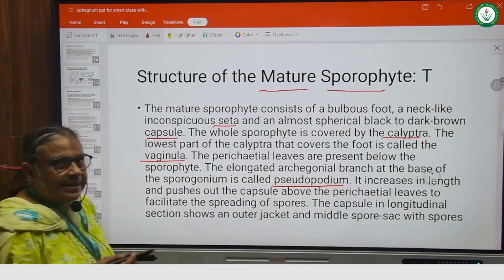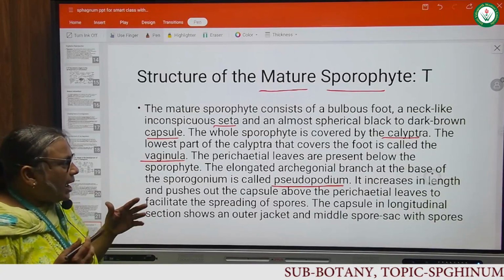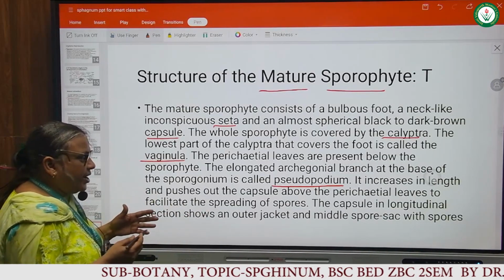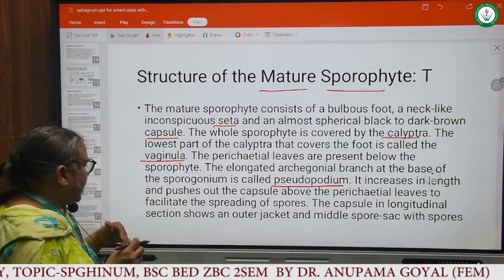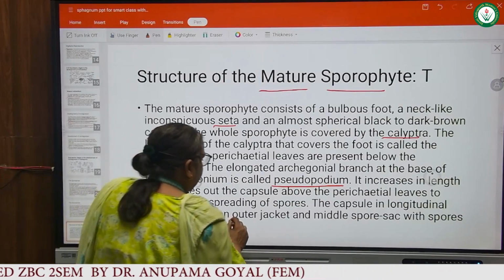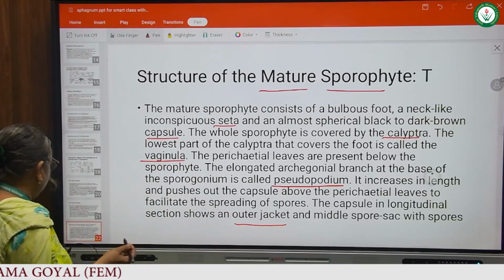It increases in length and pushes out the capsule above the perichaetial leaves to facilitate the spreading of spores. The capsule in longitudinal section shows an outer jacket and a middle spore sac with spores.